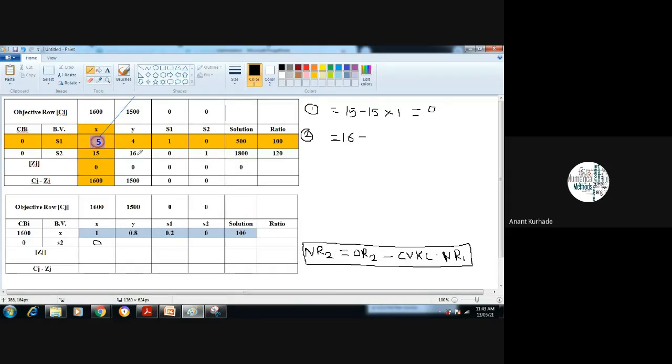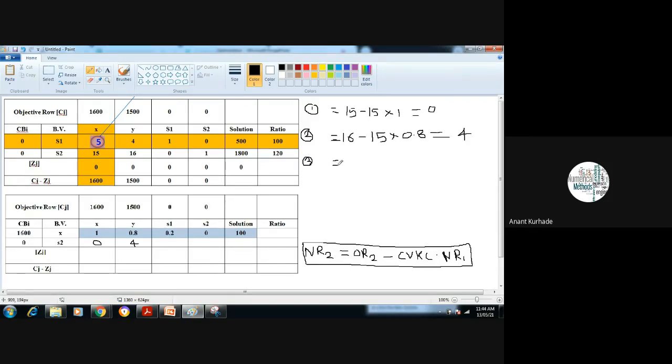What is that value? It is not 16, it is 15, from your key column. 15 into the new value of row, that is 0.8. What is the value? It is 4. So write down 4 here. Next, third.